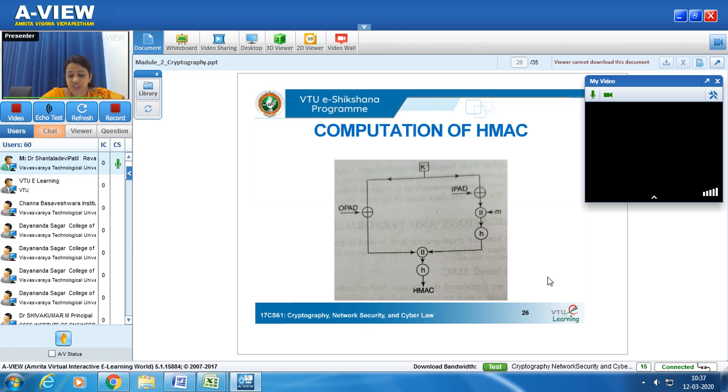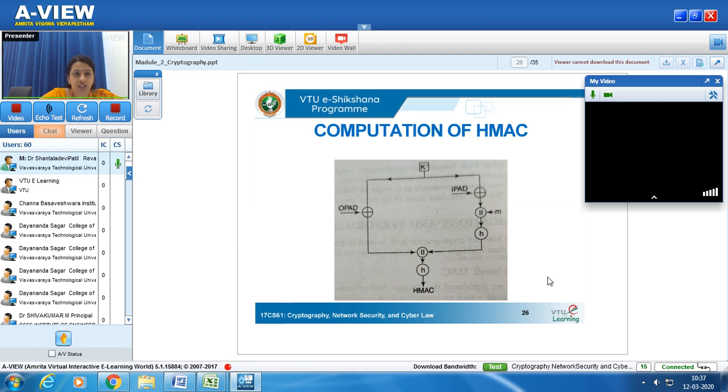We'll see this operation by checking the equations. First, the key is XORed with ipad. Here we are using two pads, or two types of padding. One we call ipad and the other we call opad. Here M stands for message.